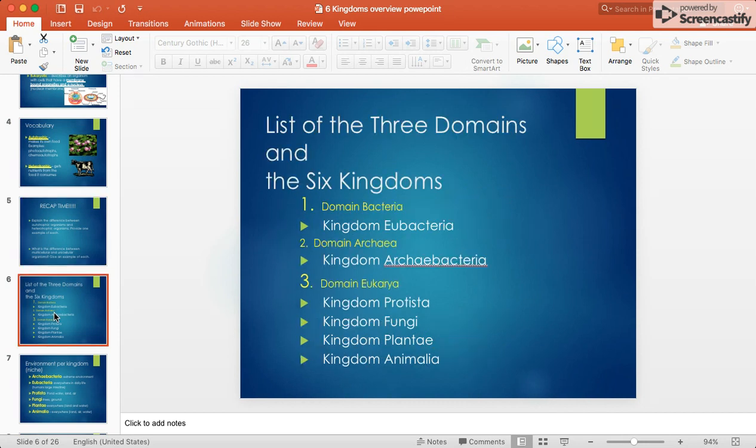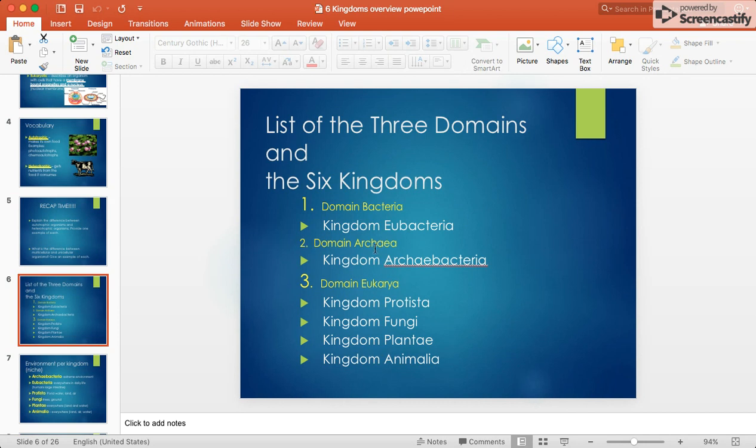All right, so here are your domains and kingdoms. There are 3 domains. And there are 6 kingdoms that fall within those domains. So domains are broader, they're more broad, and then kingdoms get a little more specific. So the first domain is bacteria, and inside of that domain there is eubacteria.